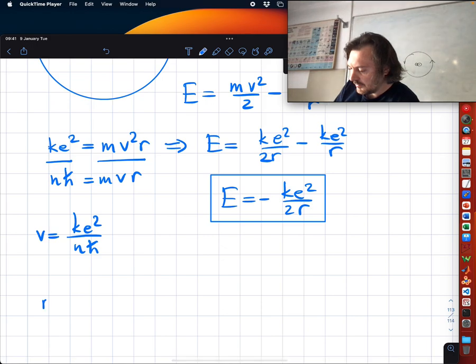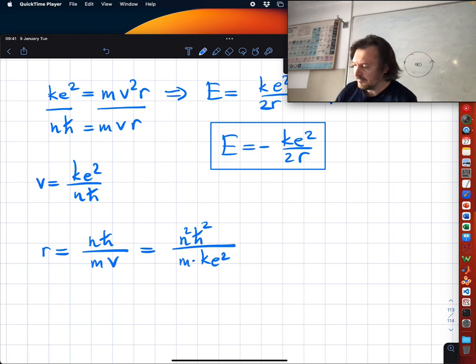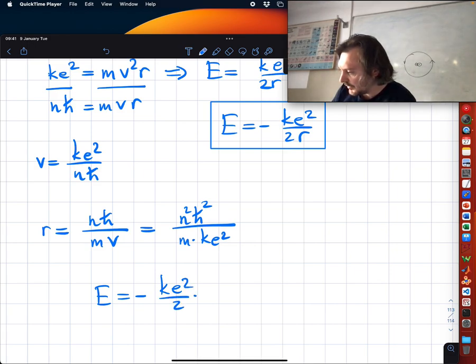What is r? r is n h bar over m v, which is n h bar over m times ke squared over n h bar, so n squared h bar squared over m ke squared. Let me put r back in. E is equal to minus ke squared over 2r. Are you following?